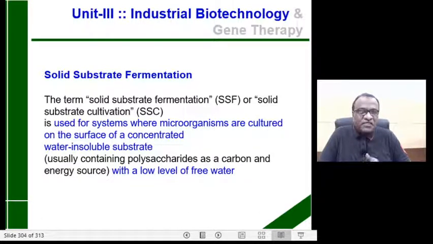Till now we were discussing the liquid medium. Now we are speaking about a solid substrate. So usually it is polysaccharides as carbon source and energy source with a low level of free water.